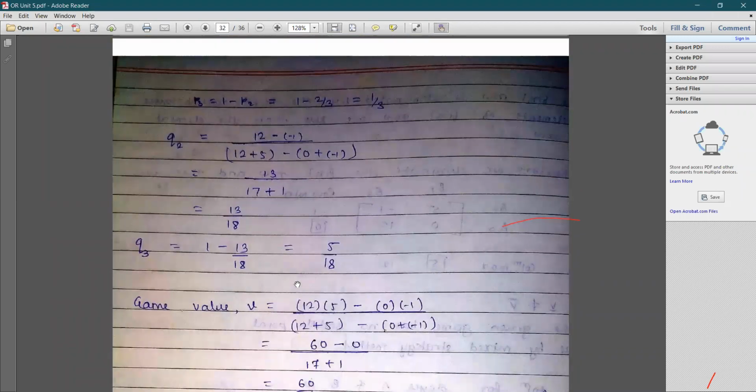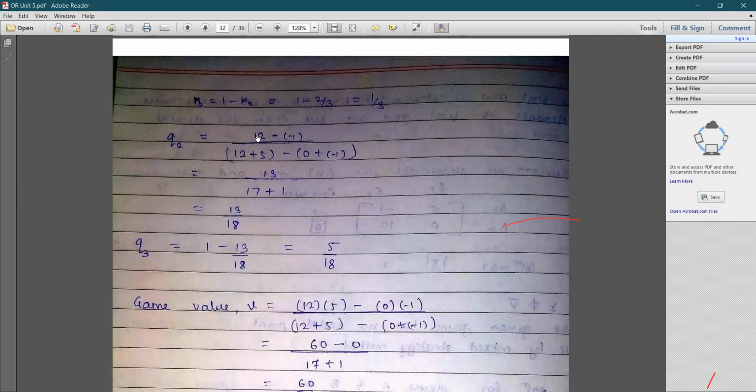Then P3 is equal to 1 minus P2. Then 1 minus 2 by 3, that is equal to 1 by 3. Here P3 is equal to 1 by 3. Then find Q2. Q2 is equal to, again write the formula, A22 minus A12 upon A22 plus A11 minus A12 plus A21.